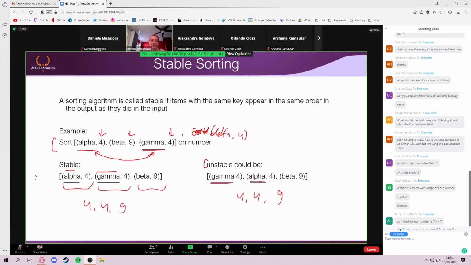It could be that delta is over here, right? And then it would no longer be stable. Okay, so stable is if this order is always the same. And this is unstable. But unstable could also look like stable, but sometimes it's not per se stable. It just looks stable, if that makes sense.